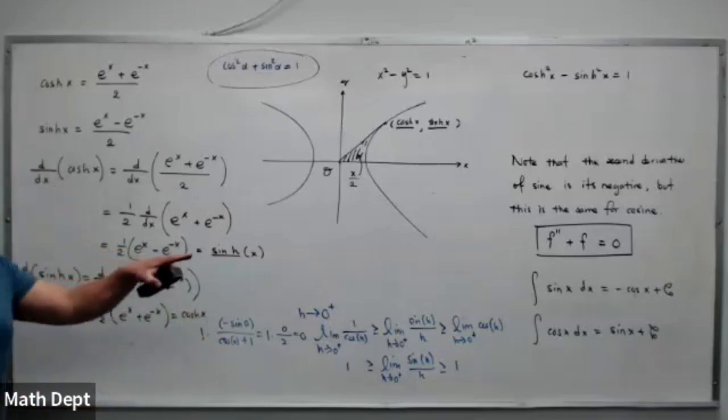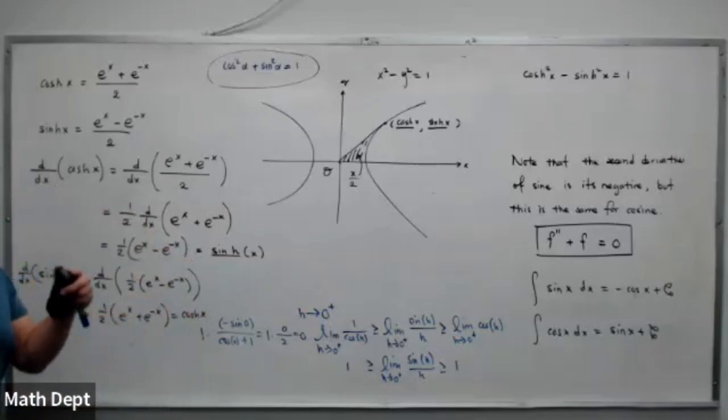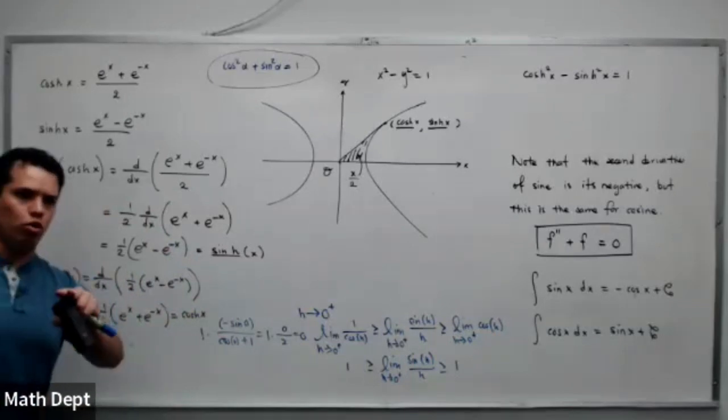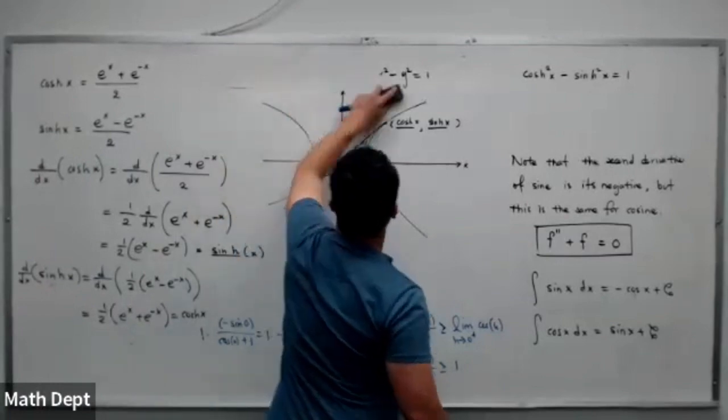So with the trigonometric functions, we have a cycle of 4 in terms of derivatives. But with the hyperbolic functions, we have a cycle of 2 in terms of derivatives. So essentially, we have this picture.